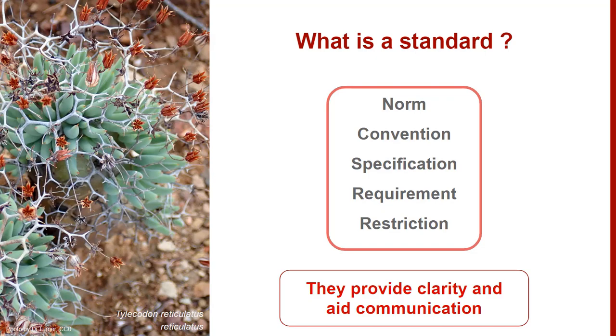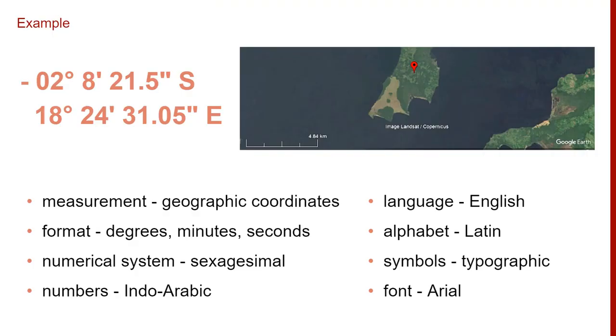Let's look at a particular example, geographic coordinates. In this case, we have a series of numbers ordered in a certain way, and we can identify a series of standards in use. For example, we can say that what we're looking at is a measurement, it is a geographic coordinate. We can say that it has a format in degrees, minutes, and seconds instead of, for example, in decimal degrees.